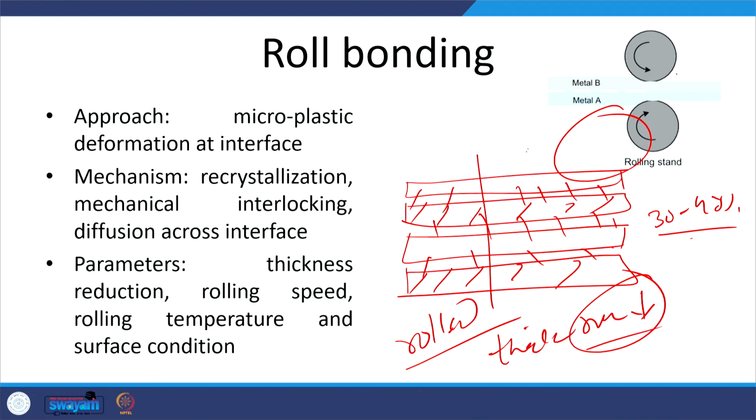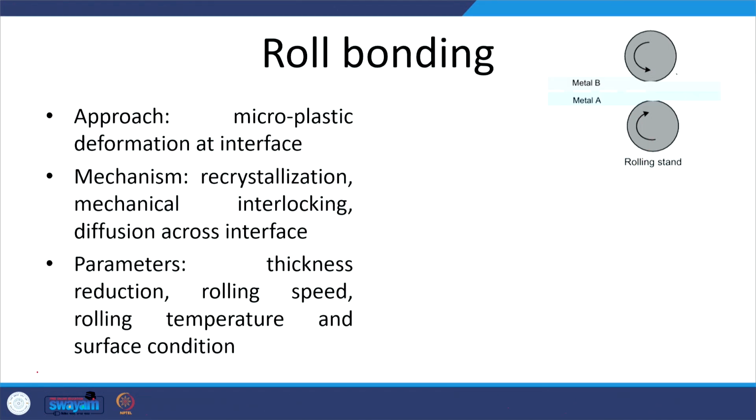Once this is rolled, what we will be doing? We will be cutting them again, and again these will be stacked together and passed through the rollers. So, this kind of approach is used for development of materials by mixing 2 or more kinds of thin material sheets. Okay. So, the process involves micro plastic deformation at the interface, but actually it is macro plastic deformation as far as the layers are concerned.